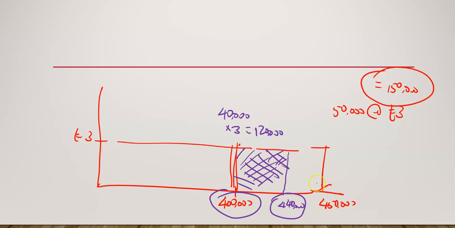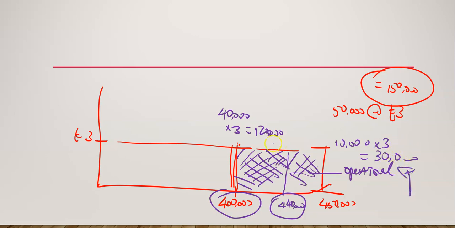If I want to see what you did from an operational point of view, I look at this bit here, which is 10,000 times 3, which is 30,000. So the variance we can award to you for your hard work is 30,000, and the rest was purely due to the increase in population, the shift in demand, not due to you.